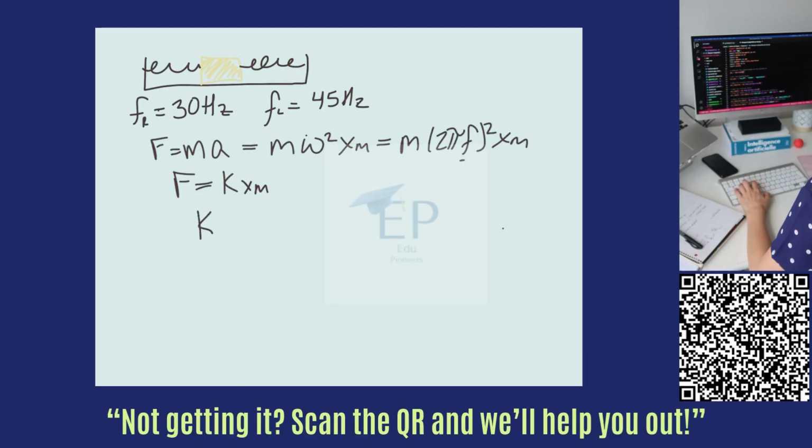So k times amplitude equals mass times 2 pi f squared times the amplitude. Now, amplitude is on both sides, so we can actually end up dividing that out and getting rid of that part of the equation. So k in reality equals m times 4 pi f squared.